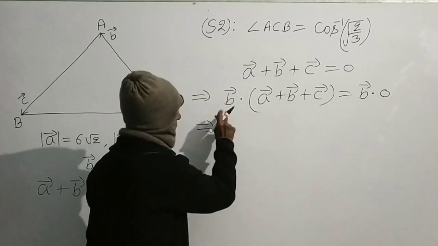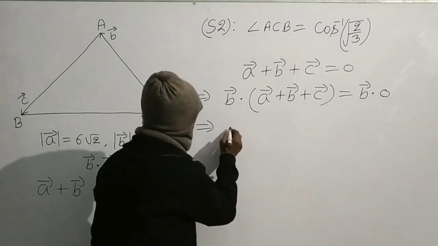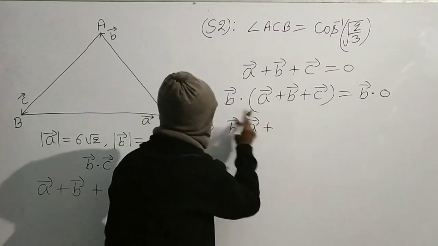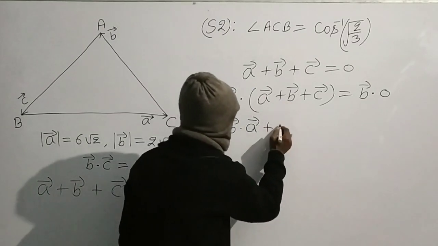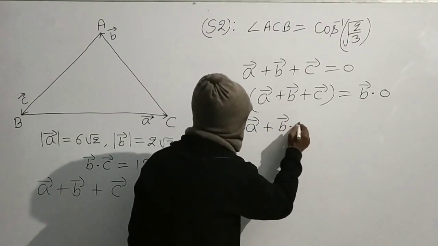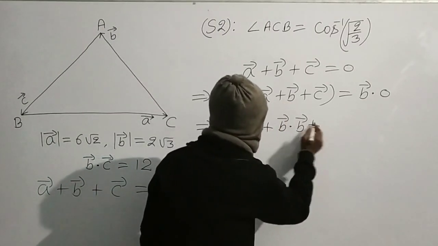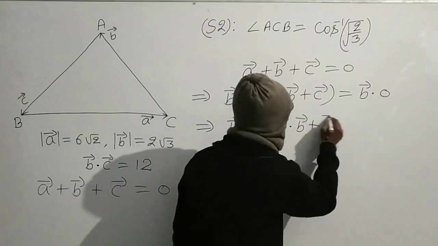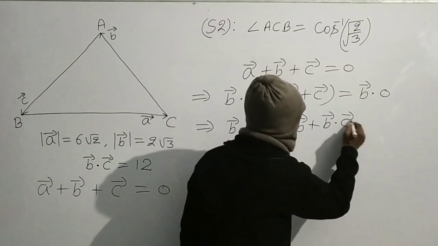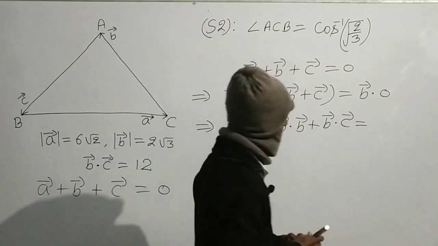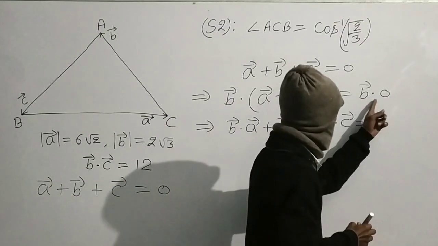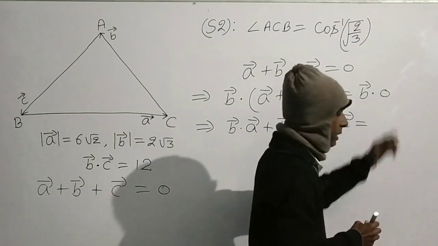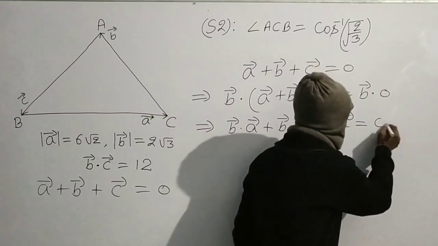This implies B dot A plus B dot B plus B dot C is equal to vector B dot 0. Dot product of any vector with 0 will be equal to 0.